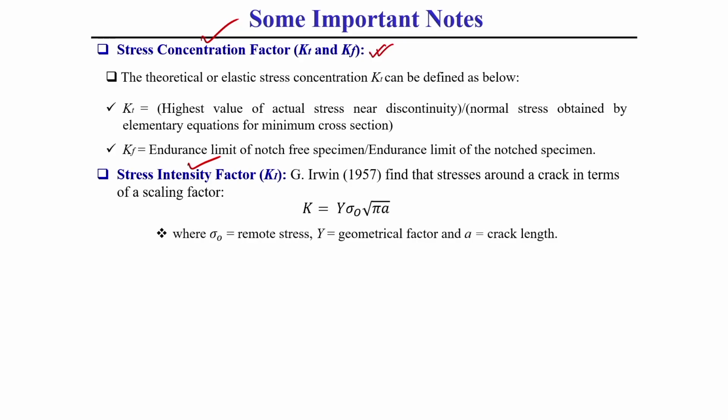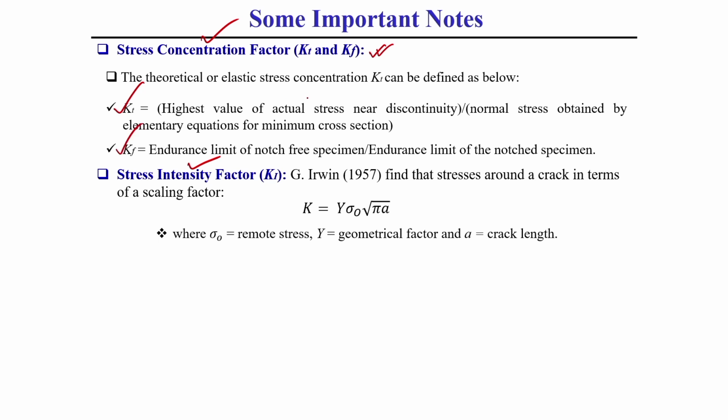That means maximum stress near the discontinuity divided by nominal stress obtained by the minimum cross-sectional area of that component. There are two types of stress concentration factors. One is called the theoretical stress concentration factor Kt, and another one is called the fatigue stress concentration factor. This I have already discussed.